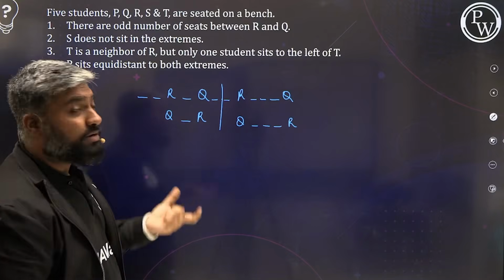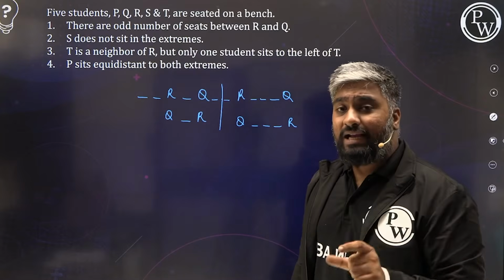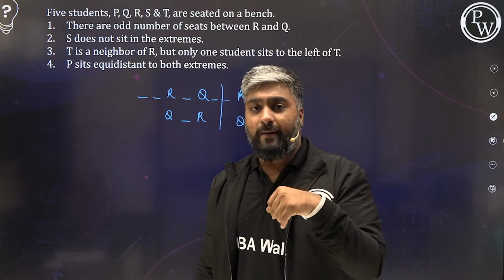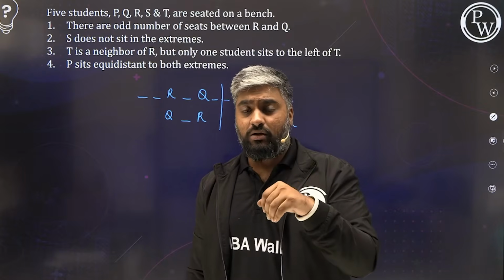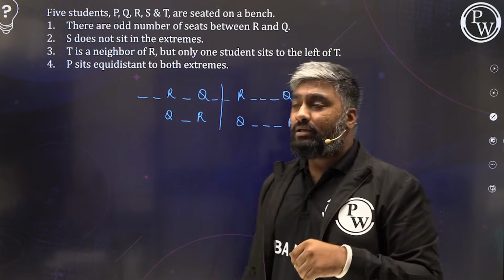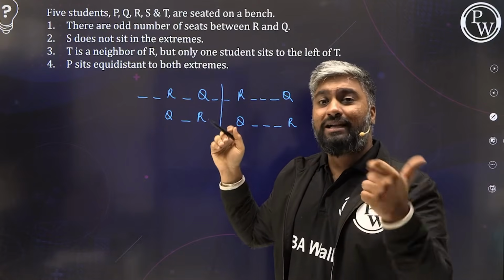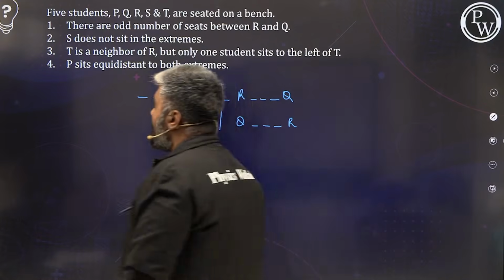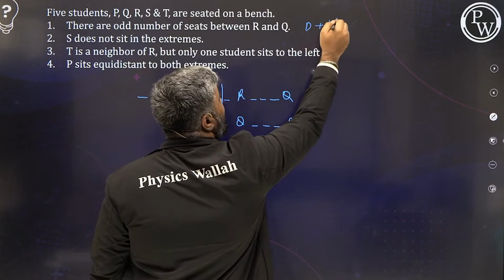So this may not be the first one that you start with, right? This is a direct clue. It is directly saying the number of seats between them, which means it's giving a very close exact location of the 2 people, but it's not the first thing that you start with. So this would be what? Direct but less relevant. Okay, this is what the first clue is, direct but less relevant.